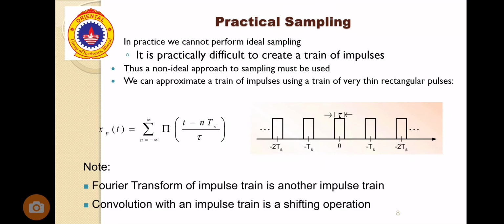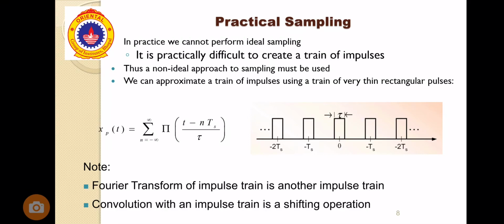For the practical condition we use a train of pulses instead of a train of impulses. So जो आपका carrier signal है, अब वो train of impulses नहीं होगा, वो होगा train of pulses. So xp(t) equals the summation of n equals minus infinity to infinity of delta(t minus nTs) by tau. Note: the Fourier transform of an impulse train is another impulse train. Convolution with an impulse train is a shifting operation.